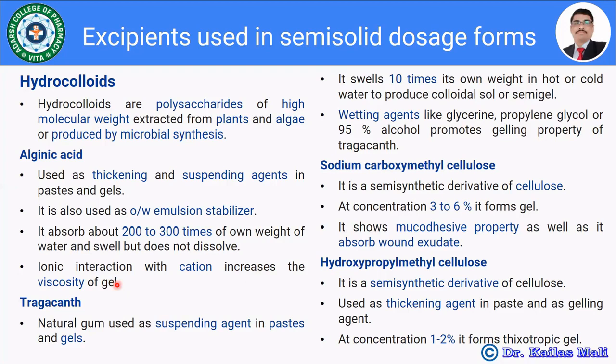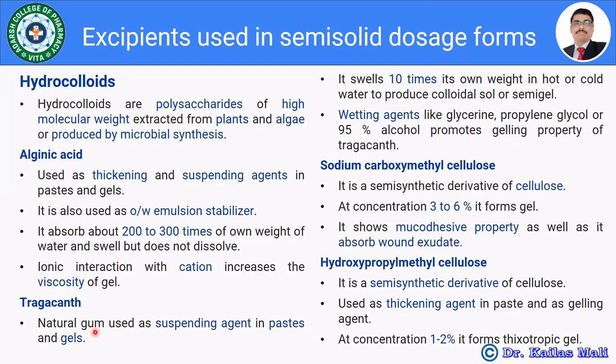In the market, the alginic acid is available as a sodium alginate. And when a solution of sodium alginate is exposed to calcium chloride, there is an ionic interaction, and furthermore, the viscosity of the gel is going to be increased.